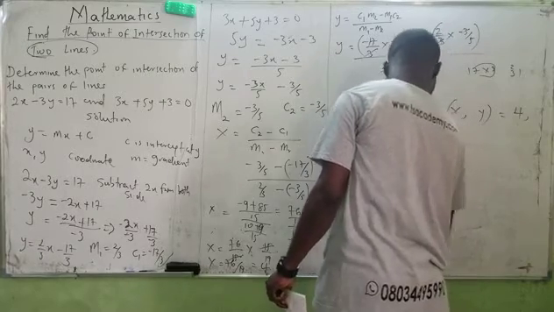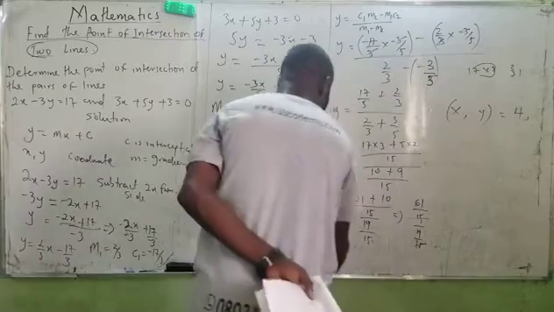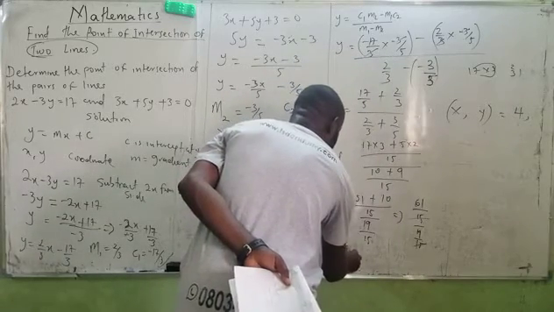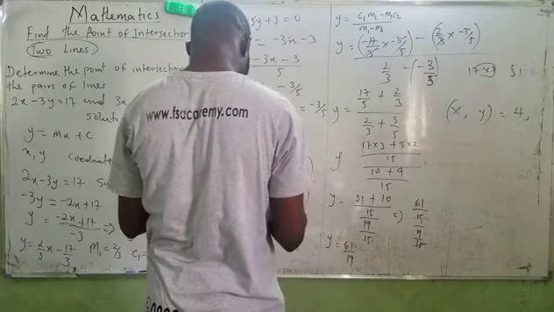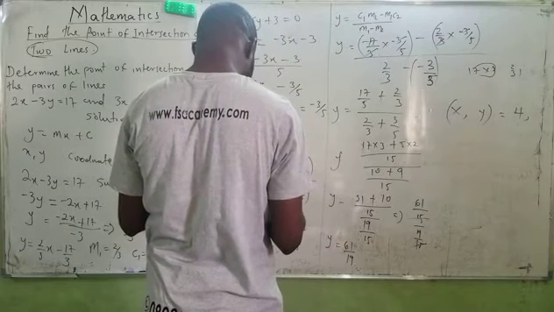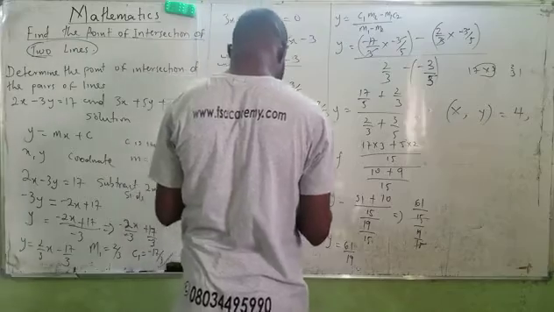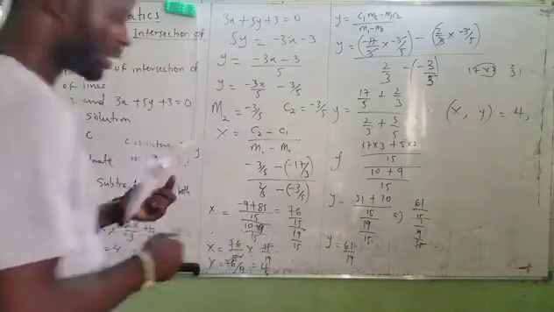By so this we cancel this. Which I will be having y equals 61 all over 19. Hope I'm making sense. Am I making sense? Okay.